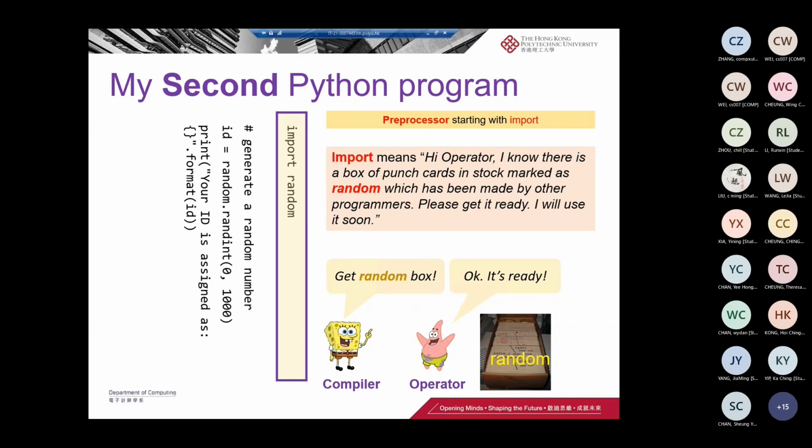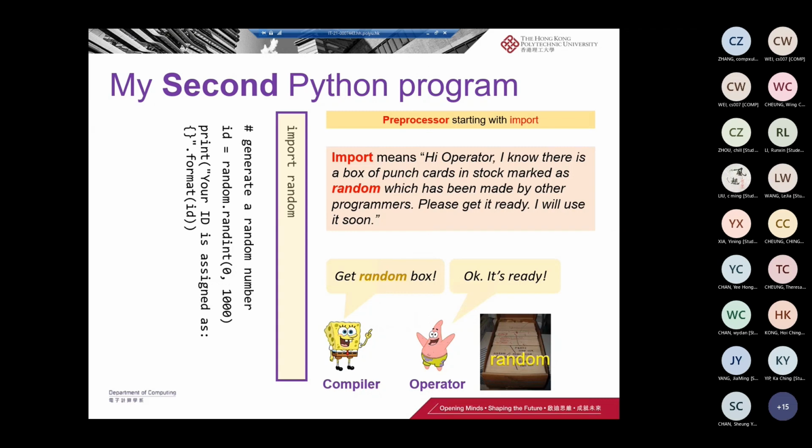And on top of that box is a label saying random. That's the name of that box. So that's the reason for import: we import a module from somewhere else.